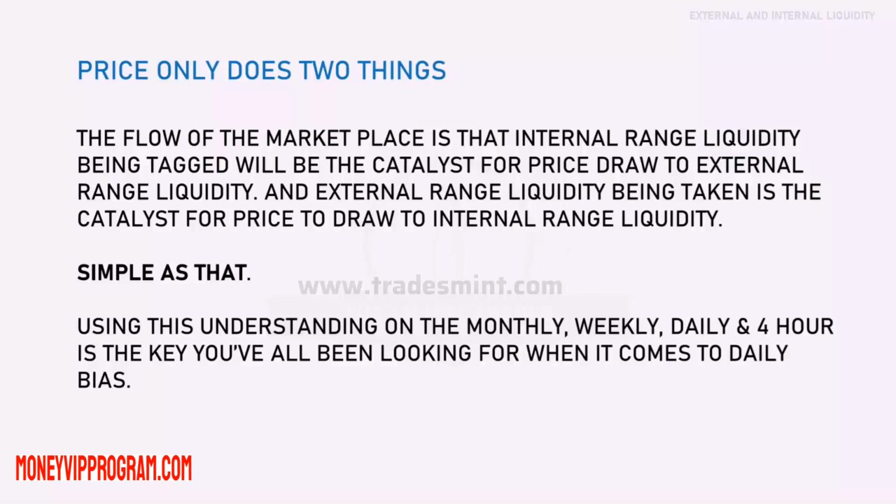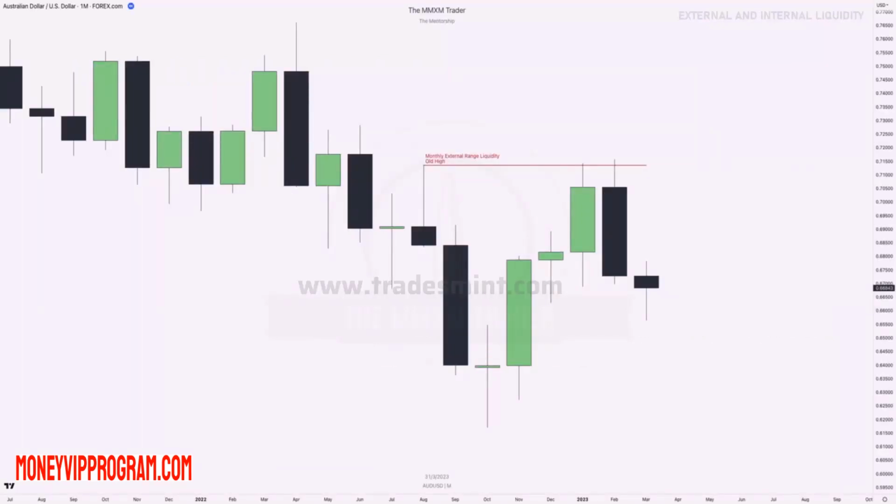All right, we've got an Australian dollar, US dollar monthly chart over here. Now let's look, where is the monthly external range liquidity over here? So we raid this external range. Now, without going further, where does your eye draw to? You should be looking at internal range liquidity in the form of a fair value gap.